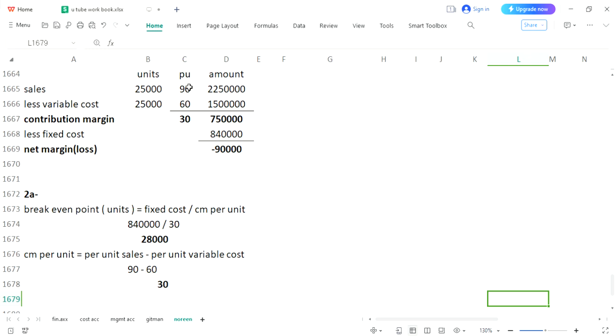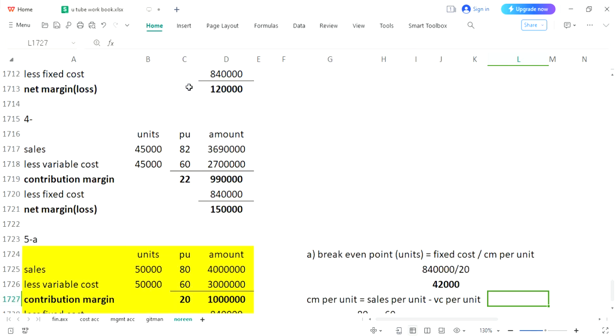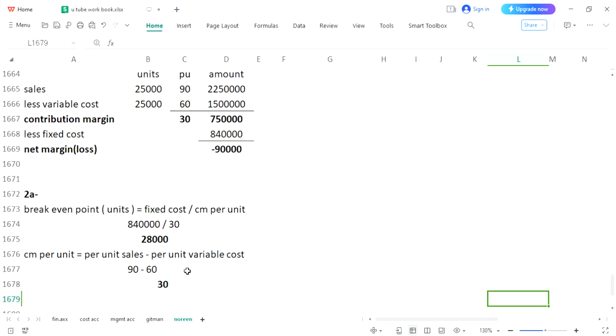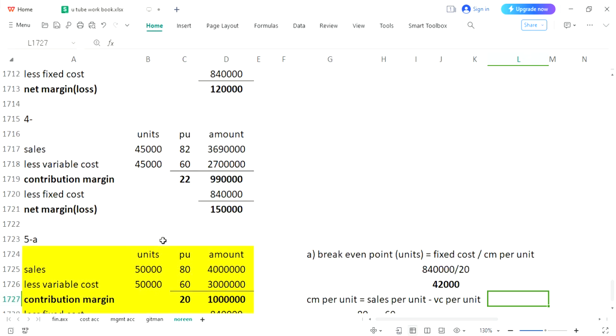Due to the change in selling price, just one factor is literally more important. If you change your selling price, your break even point would be disturbed. Here you can see your selling price is 80, and at the first stage your selling price was 90, where break even point was 28,000. In this stage break even point is 42,000.